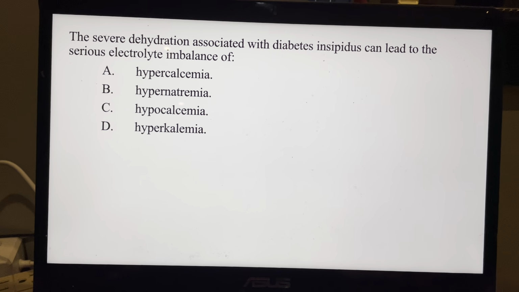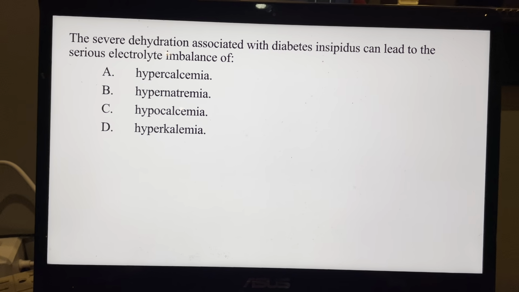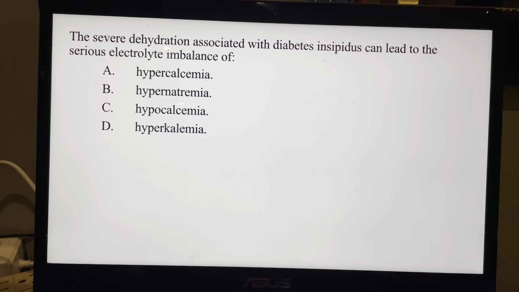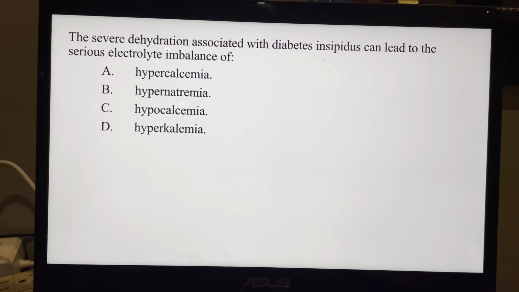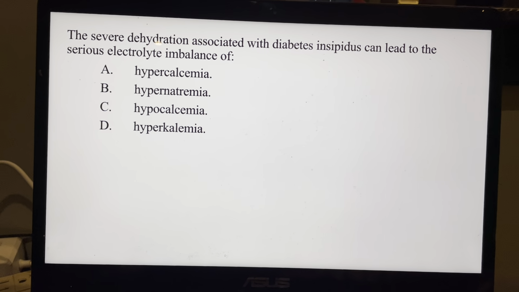The severe dehydration associated with diabetes insipidus can lead to the serious electrolyte imbalance of hypercalcemia, hypernatremia, hypocalcemia, or hyperkalemia. You got your answer?